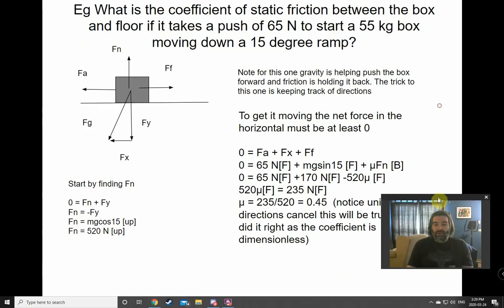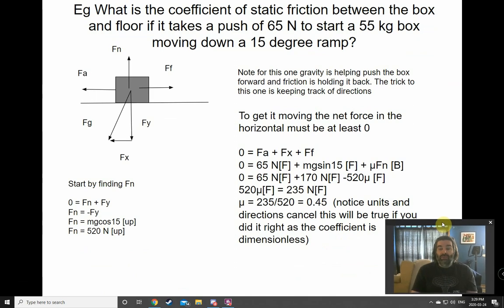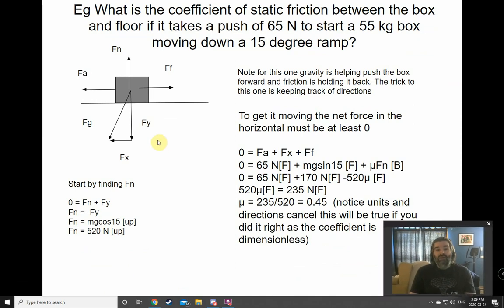The last question I want to give you is a more typical question. Let's say you're pushing a box down a ramp and you need a certain amount of force to get the box moving. So we're dealing with static friction, and you're trying to find the coefficient. So for this one, remember the whole trick, you've got to do free body diagrams for these. I know people hate them, but they've got to be done.